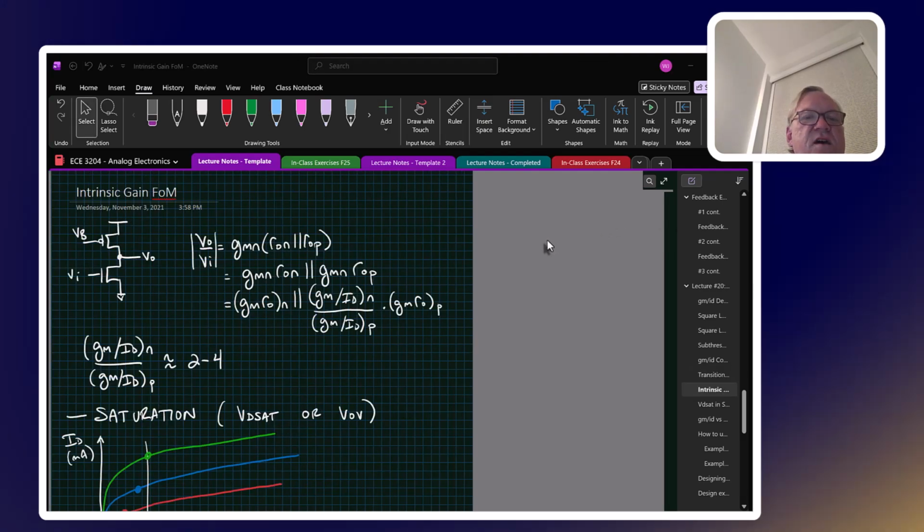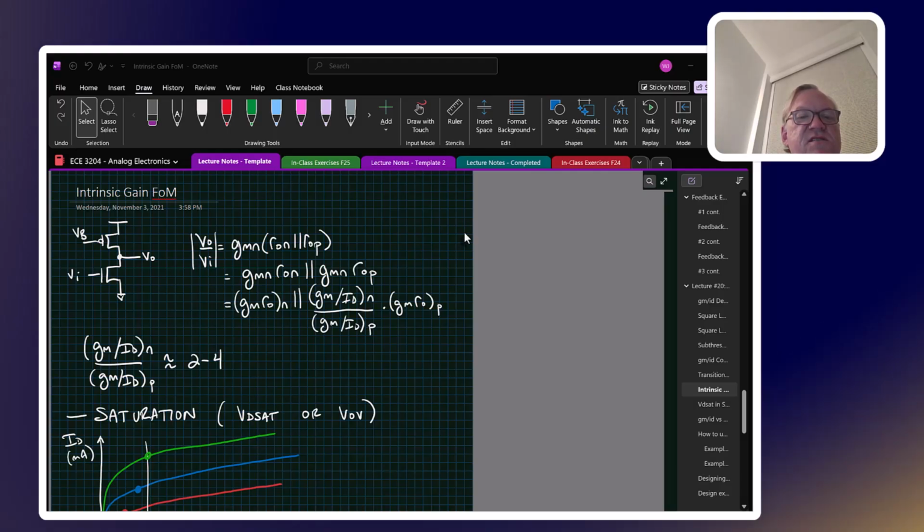What if instead of a load resistor, we used an active load, a PMOS device acting as a current source? In this case, we would have a voltage gain equal to the GM of the NMOS device times RON in parallel with ROP, the output resistance of the NMOS device in parallel with the output resistance of the PMOS device. We can modify this expression a little bit and normalize it to the gain of an NMOS device in parallel with the gain of a PMOS device.